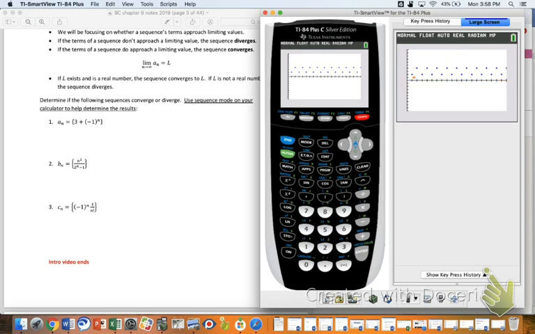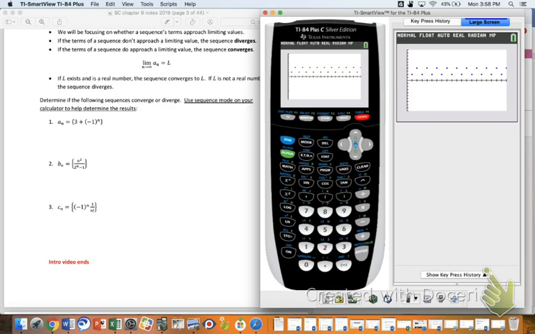So what I'm seeing here is that the terms in the sequence are simply just bouncing up and down, right? So it looks like 2, 4, 2, 4, 2, 4, 2, 4. And it doesn't look like the terms in the sequence are really heading towards any one particular number. The terms are just oscillating between 2 and 4.